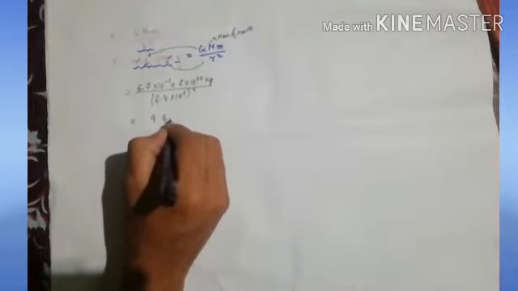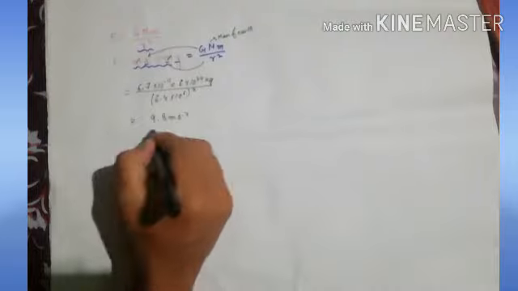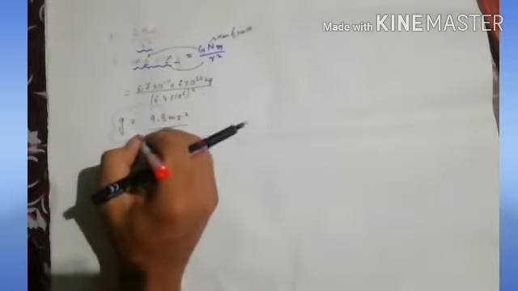If you do the calculation, you will get the answer 9.8 meter per second square. That is small g, acceleration due to gravity, equal to 9.8 meter per second square. So I hope you have understood how we found the acceleration due to gravity.